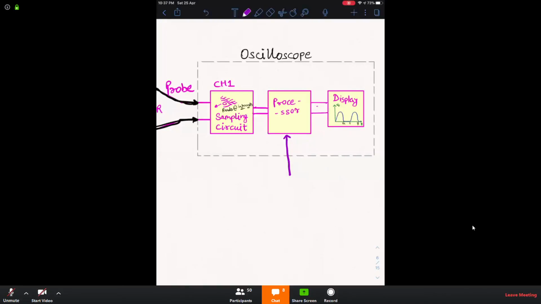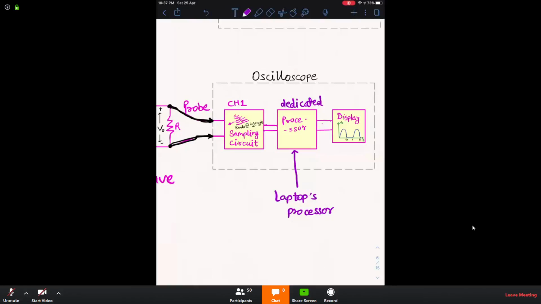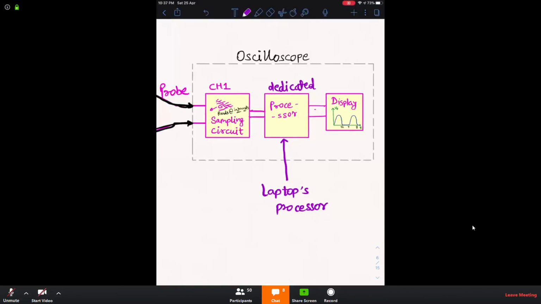So for making our oscilloscope, we will use the processor of the laptop instead of a dedicated processor. In this way, we have cut down a pretty large amount of the cost by using our laptop processor instead of buying a new one.